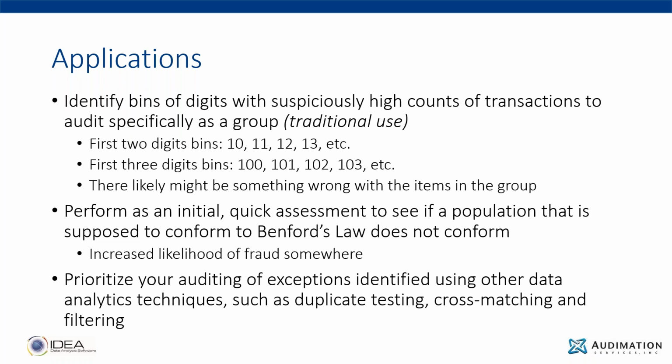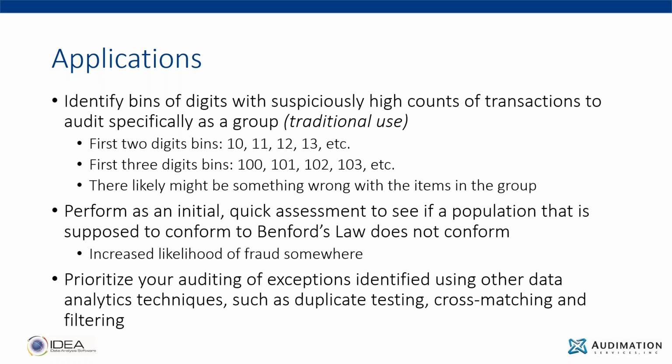The first 2 digits bins could be 10, 11, 12, 13. The 2-digit bin of 10 could be the number 10, the number 100, 101, 102, 1000, 1001. You get the picture. 1 million, because that starts with 10 as well.